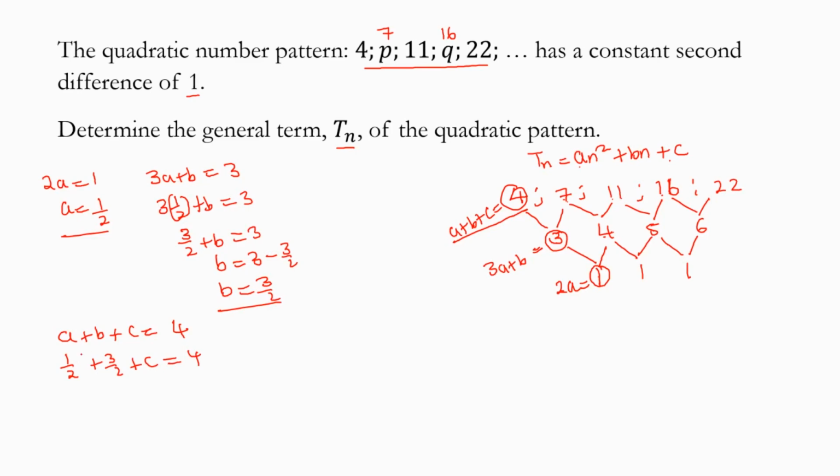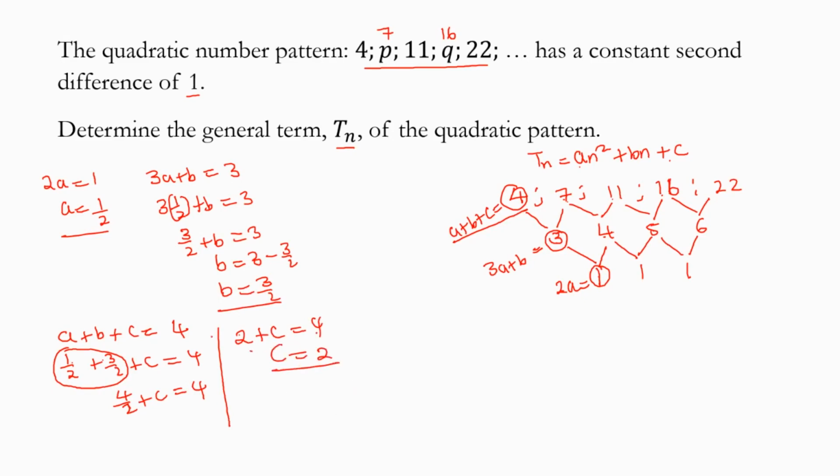But we can add these first. They have the same denominator. 1 plus 3 is 4, so it's 4 over 2. 4 over 2 plus C is equal to 4. And then what is 4 over 2? 4 over 2 is 2. So it's going to be 2 plus C is equal to 4. Then C is equal to 4 minus 2, which is 2.